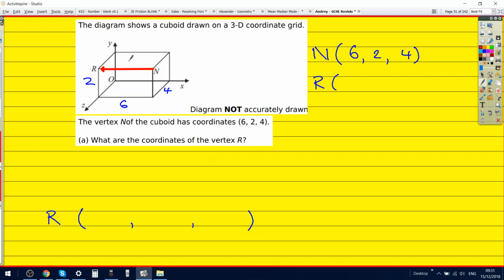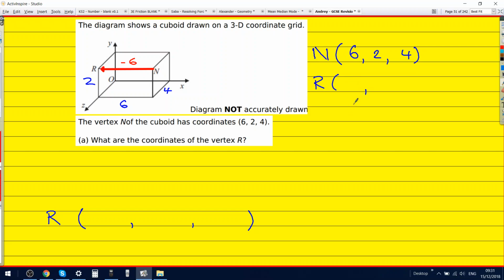So would all of them change? No, we didn't go up or down. We only travelled left. So only the x coordinate will change. Yeah. So is that just like -6?